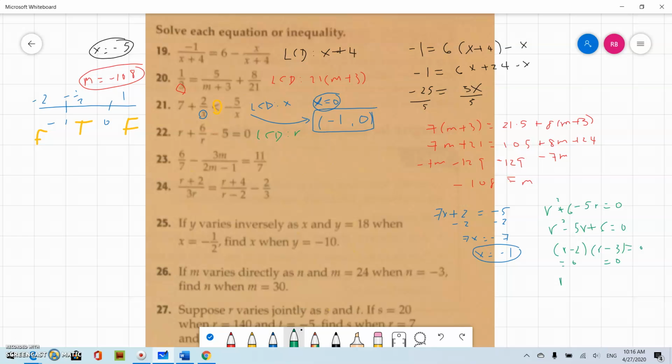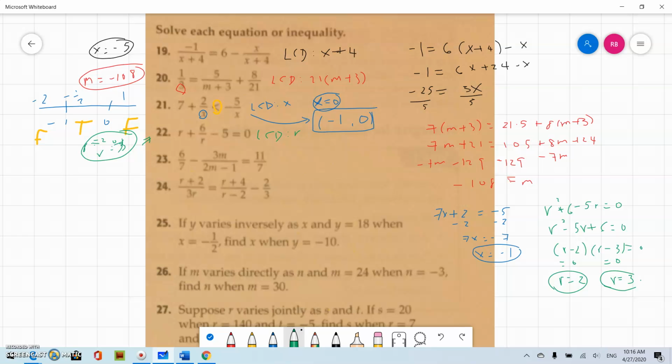Because r has to be either 2 or 3. So then we check both of them and see if both will be correct or only one. r equals 2 works if you plug in, and r equals 3 also works. So both of them are answers. So for 22, r equals 2 or r equals 3. So sometimes there are two answers.